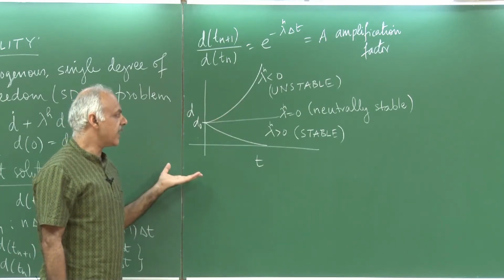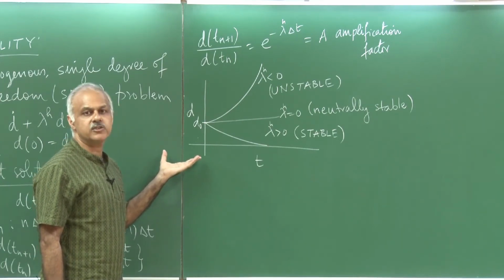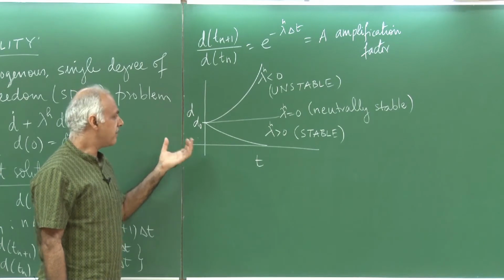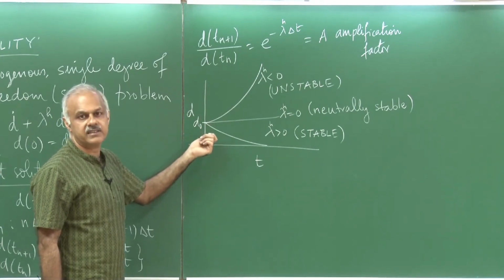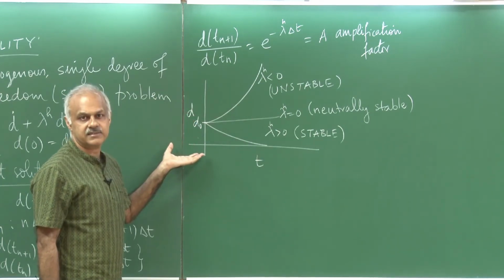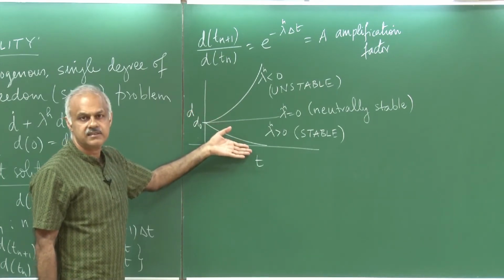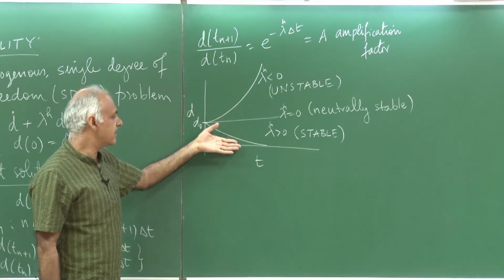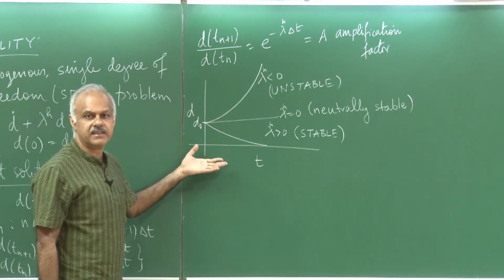The point that we would like to make is that if I was to now simulate this numerically, I must get exactly the same behavior from the numerical system as I get from the exact system. So, if my system is stable analytically, my numerical method should also predict stability.